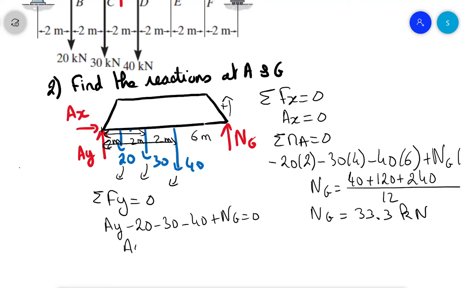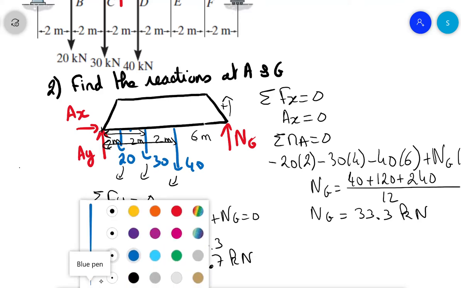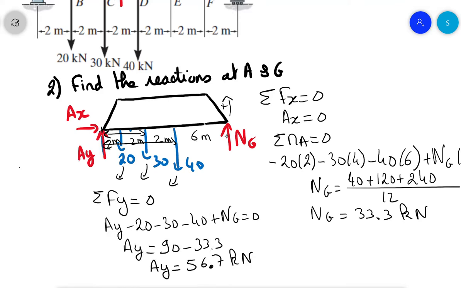So AY is equal to 20 plus 30 plus 40, which is 90, minus 33.3. So AY is equal to 66.7 kilonewton.